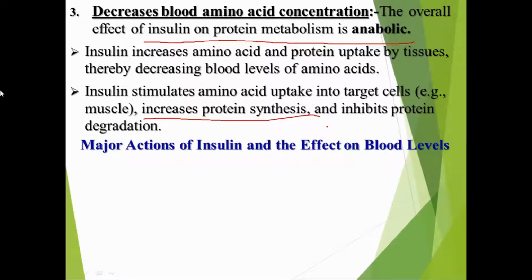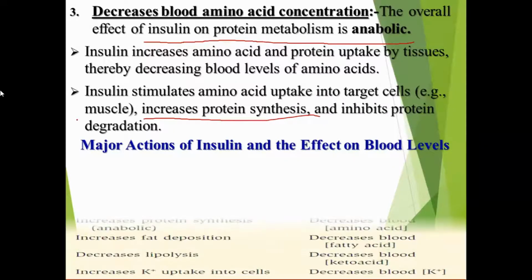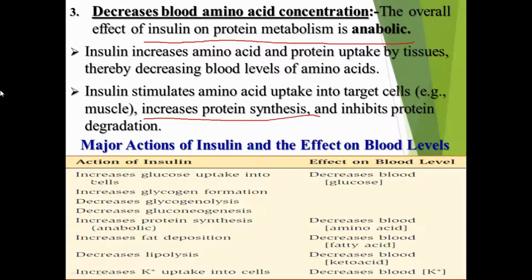So these are the major actions of insulin and the effects on blood levels. Here you can see, increasing glucose uptake into the cells decreases blood glucose; increasing glycogen formation, decreasing glycogenolysis, and decreasing gluconeogenesis all decrease blood glucose.